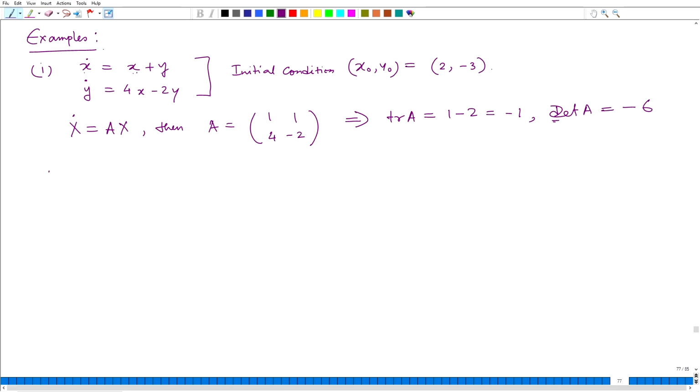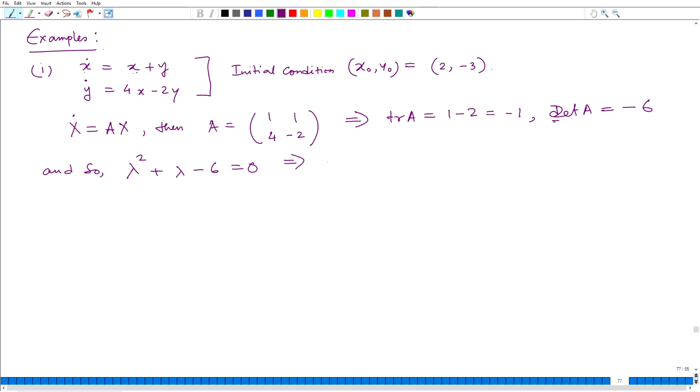And so, the characteristic equation satisfied by the eigenvalues will be lambda squared minus trace A times lambda, which is nothing but plus lambda, and then plus determinant of A, which is minus 6, equal to 0.